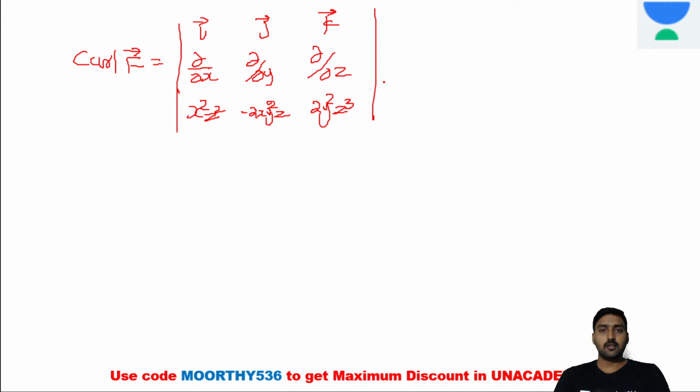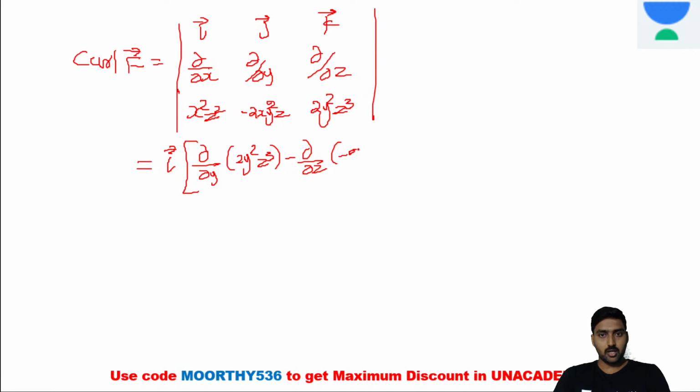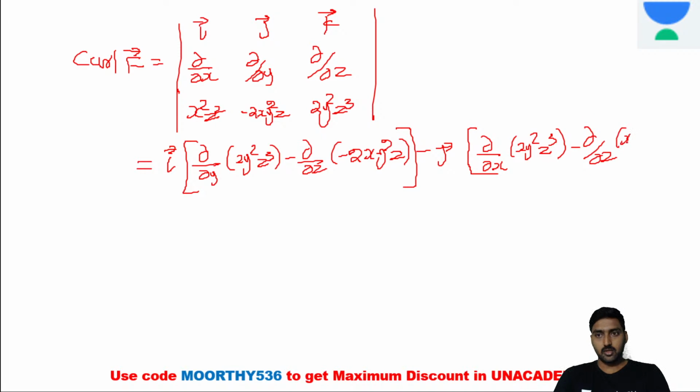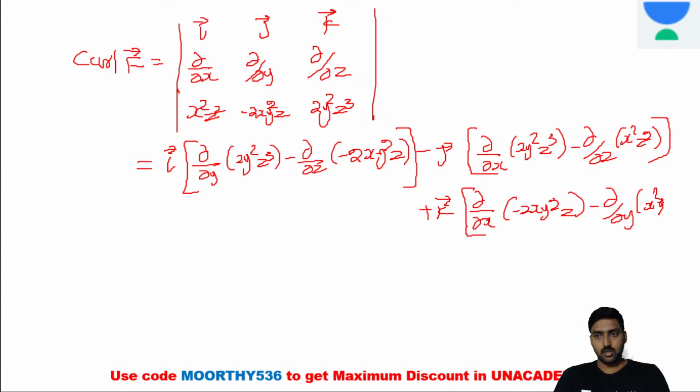Now if you do the expansion: i vector into dou by dou y of 2y square z cube minus dou by dou z of minus 2x y square z; minus j vector into dou by dou x of 2y square z cube minus dou by dou z of x square z square; plus k vector into dou by dou x of minus 2x y square z minus dou by dou y of x square z square.